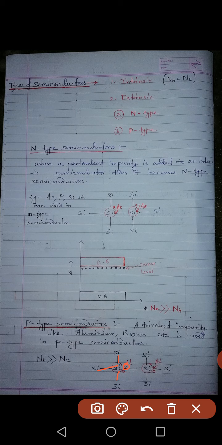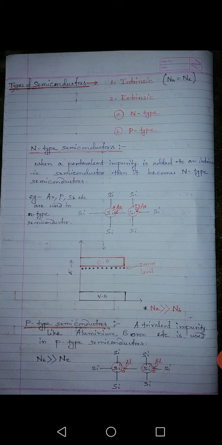Since it has only 3 electrons to form 3 bonds, the 4th place will be vacant, and the vacancy of an electron is considered a hole. So each aluminium is contributing 1 hole. In a solid sample a number of aluminium atoms will contribute a number of holes, and as a result this condition will be achieved. Here the majority carriers will be holes and the minority carriers will be electrons.